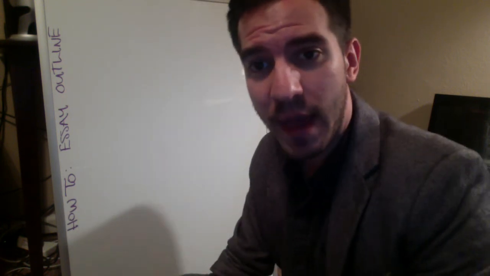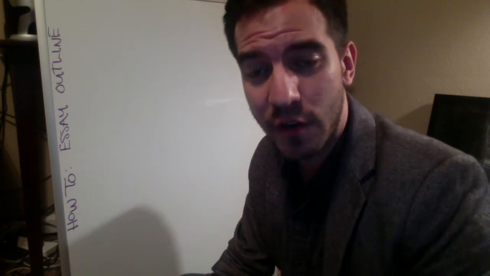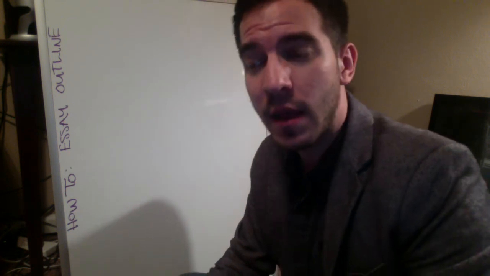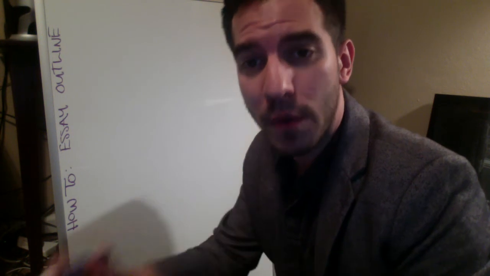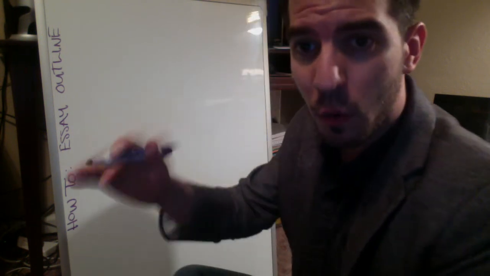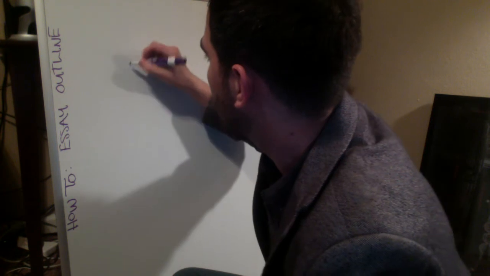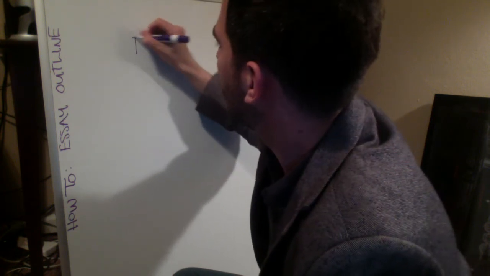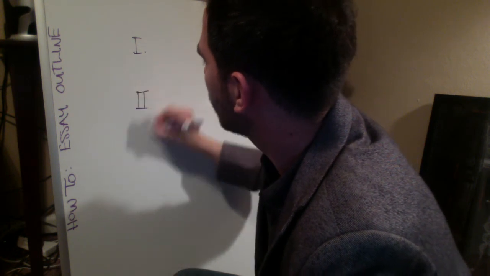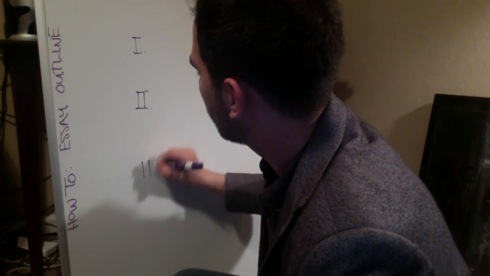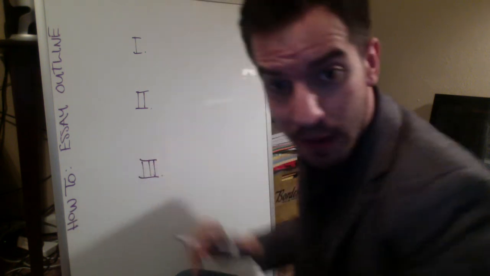So every single part of the essay gets broken into sections. Okay, and each section is going to be represented by a Roman numeral. So we've got Roman numeral 1, 2, and 3. Okay, let's see here. Make sure you guys can see that.